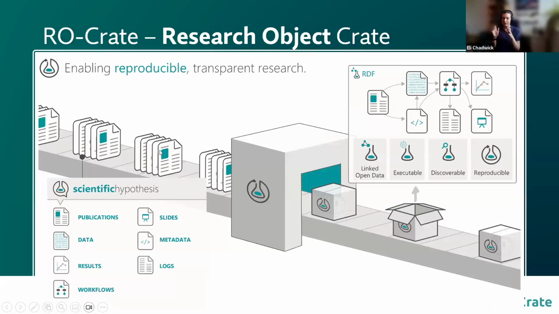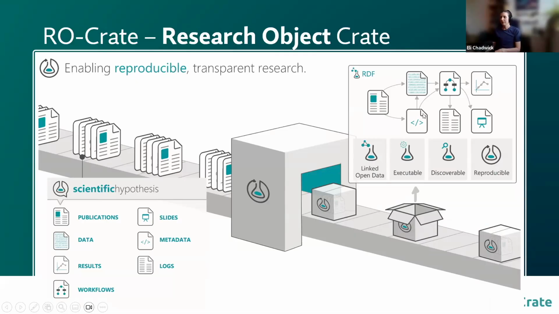And so the vision for RO-Crate, and RO stands for Research Object, so it's Research Object Crate, is to take these different research outputs like publications, data, results, workflows that might all be published in different locations, and conceptually box them up into a crate and link them together with something called linked open data.